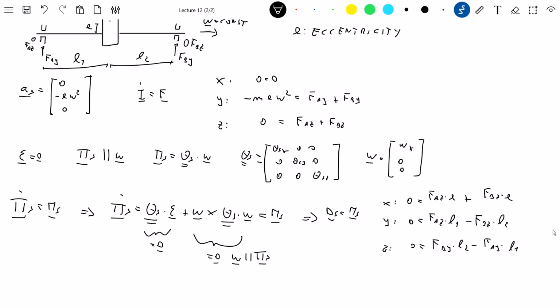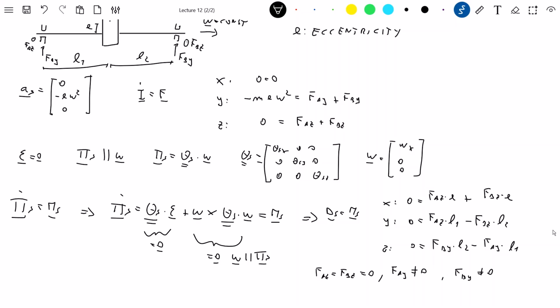And now if you see this equation and all these equations, you will find out that F_AZ is equal to F_BZ is equal to 0, but F_AY and F_BY are different from 0, and it depends on this.